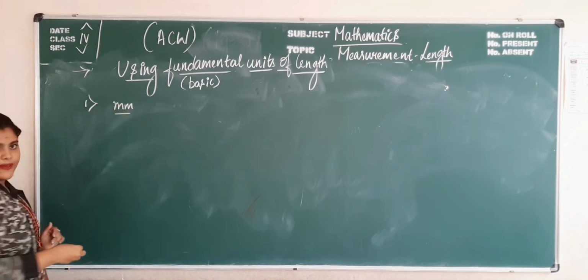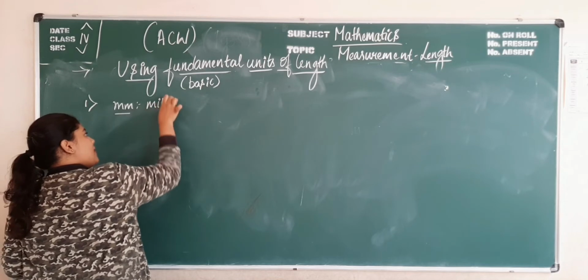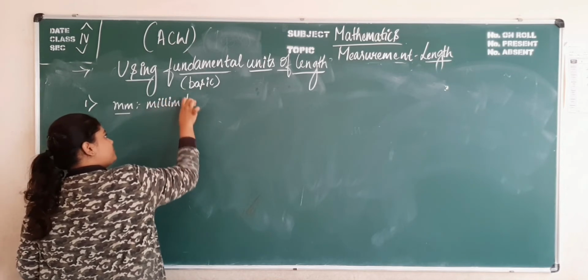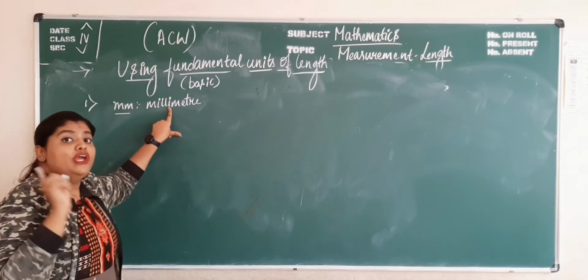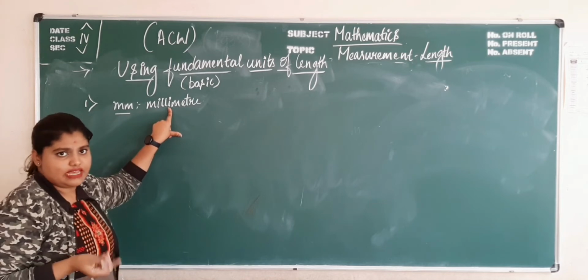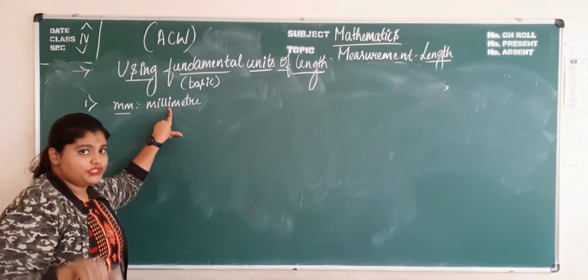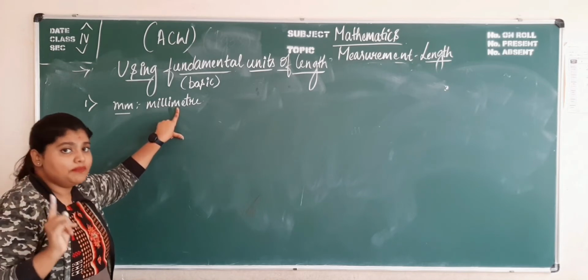So what is this mm? Mm is nothing but millimeter. So this is a unit of length. We have learned in the beginning itself, in the introduction of this chapter, there are many units of length, right? So among that, one is millimeter.